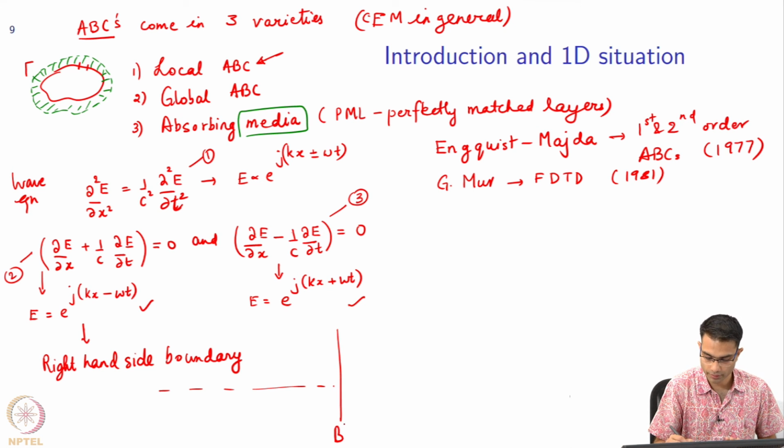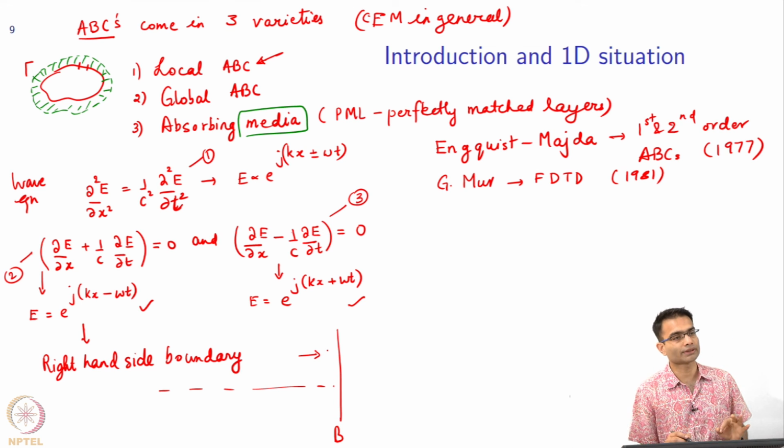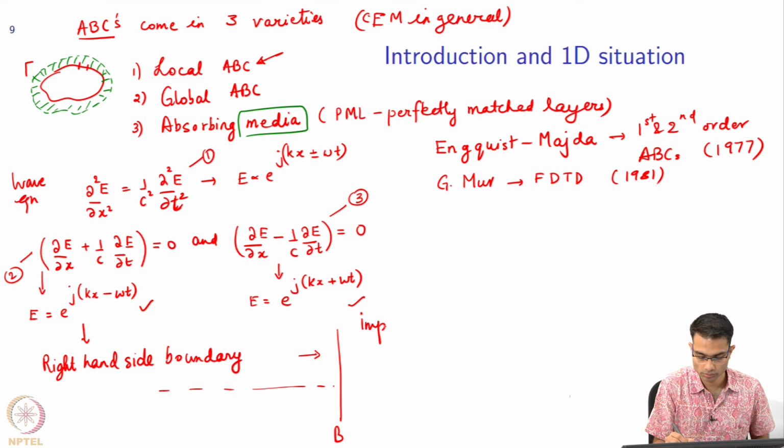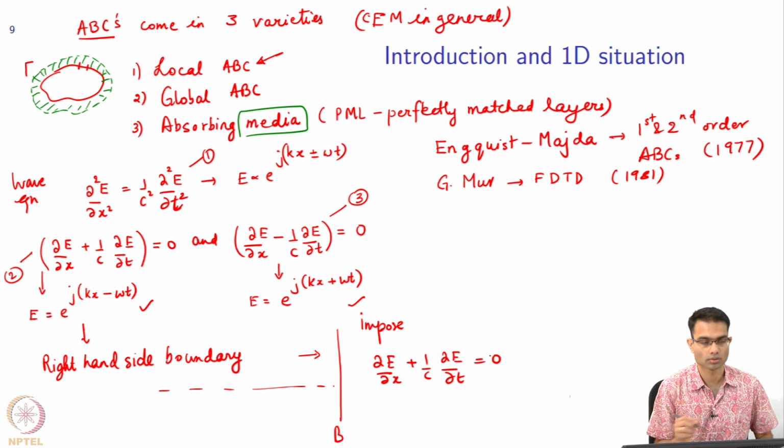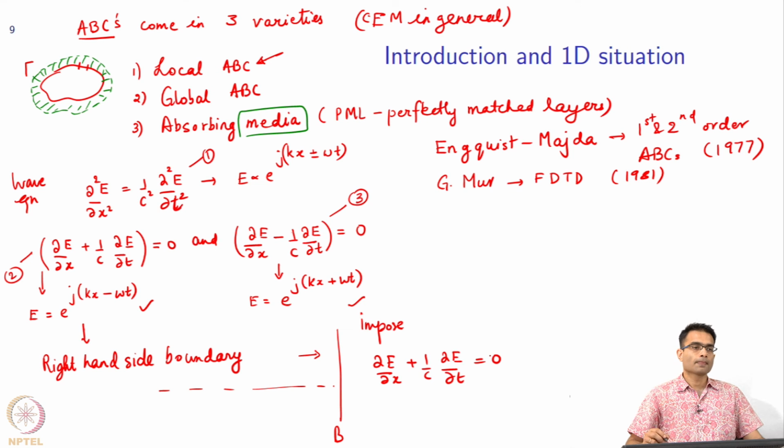A wave travels like this, and I impose this condition. If I impose this condition and there is actually only vacuum over there, then will a right traveling wave see any numerical reflection?